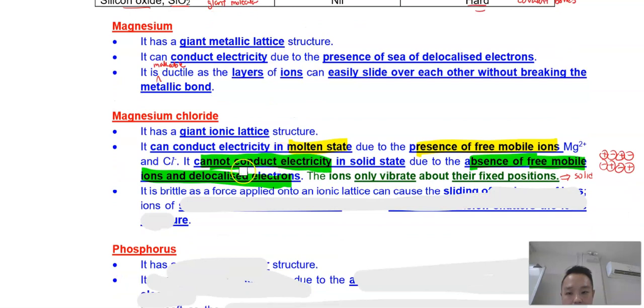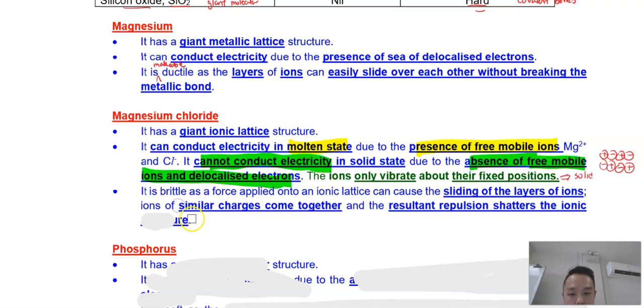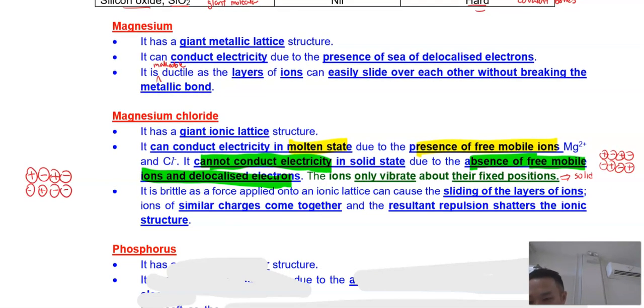Okay, so why are ionic compounds brittle? This is something we have learned in O levels. When we apply a force on an ionic compound, the sliding of layers of ions can happen, ions of similar charge come together, and the resulting repulsion shatters the ionic structure. Pictorially, you have your lattice of alternate cations and anions.